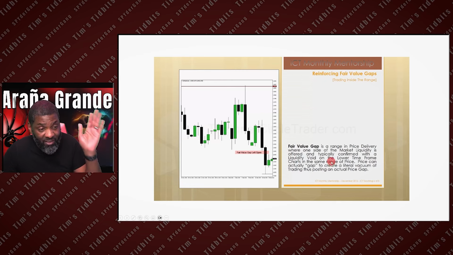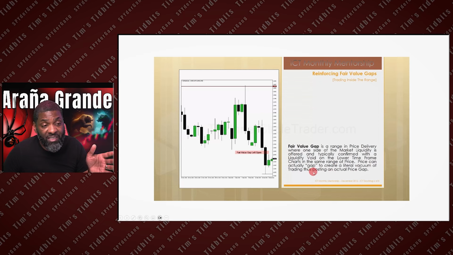That's just a buy side or sell side imbalance, right? On the lower time frame charts, in the same range of price can actually gap to create a literal vacuum of trading, thus posting an actual price gap. That told you a whole bunch of nothing about what makes this a fair value gap.